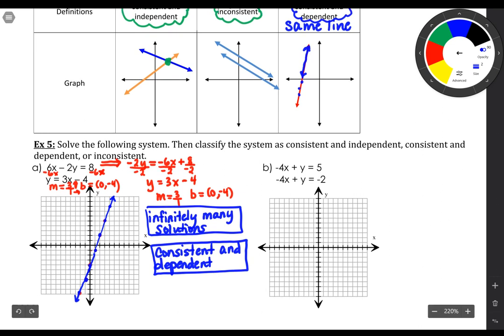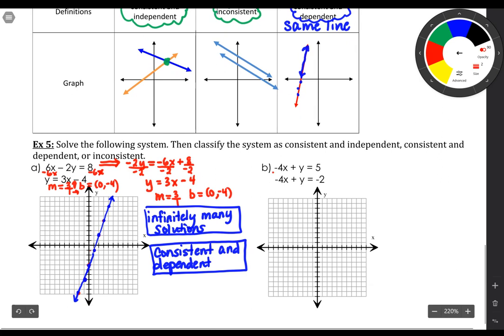Okay, and then our final example in part B, we want to solve each of those for y equals mx plus b. So for the first equation, we add 4x. So that first equation is y equals 4x plus 5. Always put the x term first. Okay, our second equation, you also add 4x.